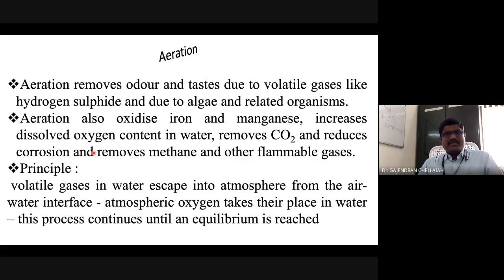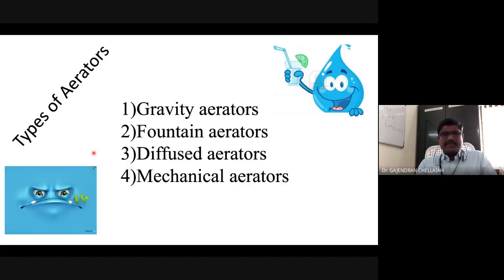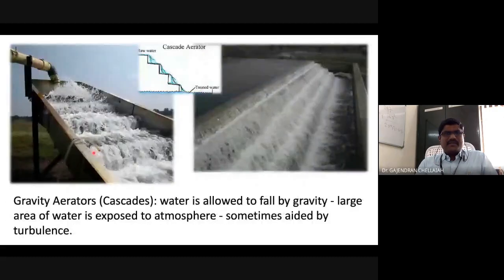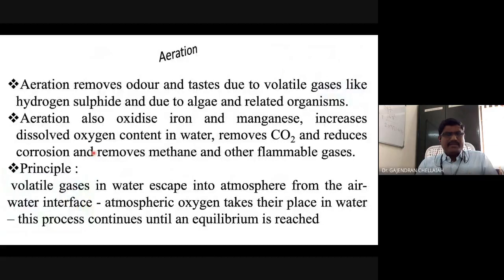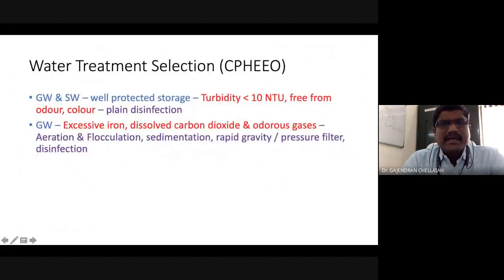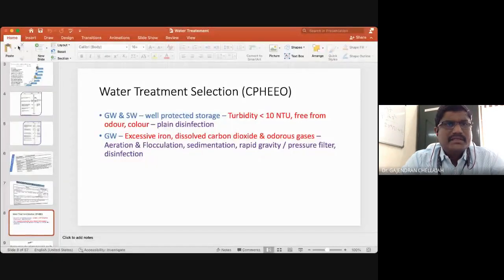Now we shall move on to the first stage of treatment. But for today's class, let me stop here. We can have some discussion. Aeration and all we'll discuss later.